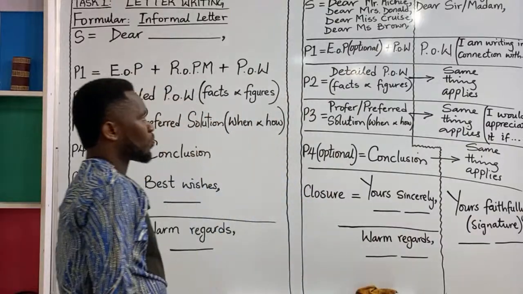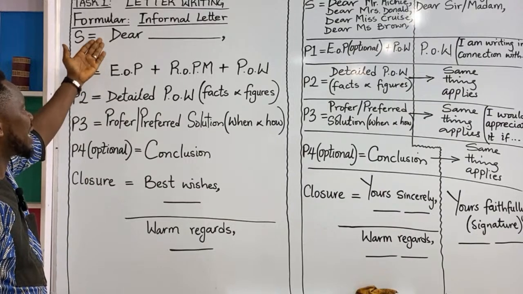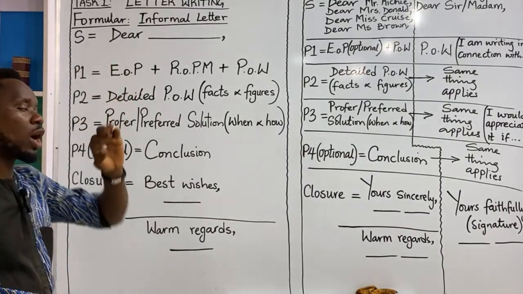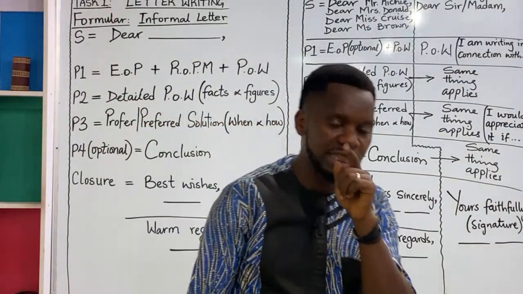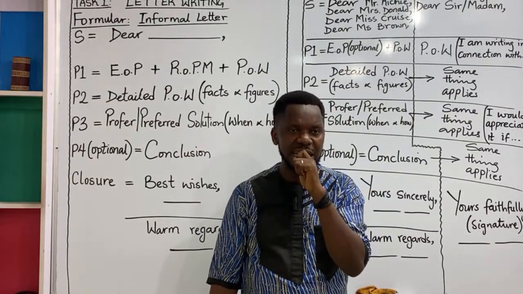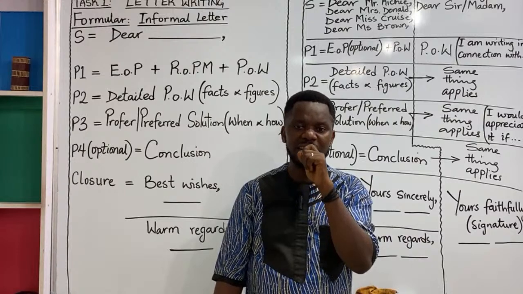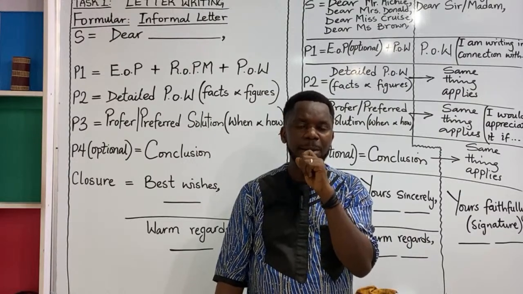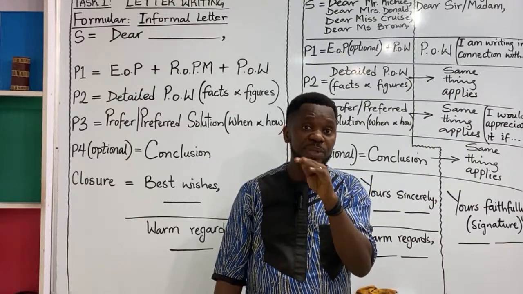Now, if a letter question happens to be an informal letter, the heading informal letter will not be written. You'll be the one to read the question and decipher the type of letter it is. The question itself would be clear to you.